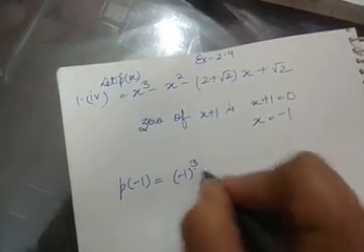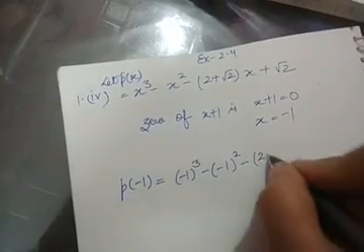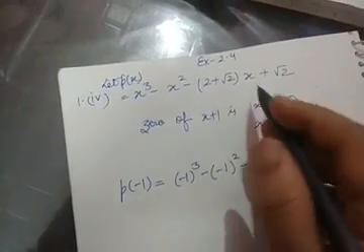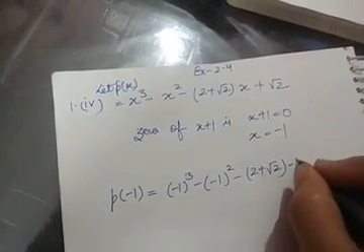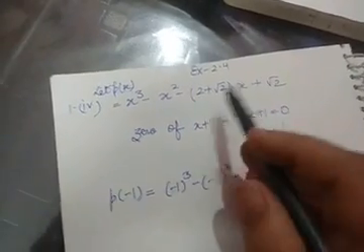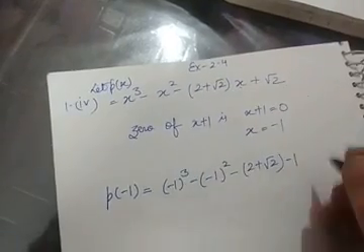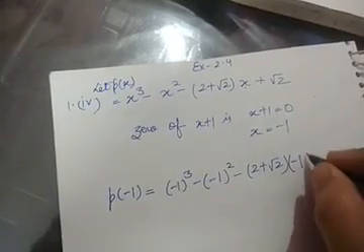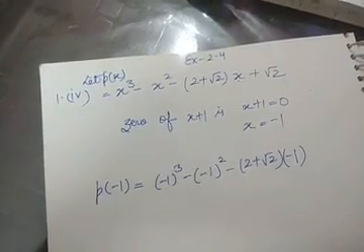It will be (minus 1) whole cube minus (minus 1) square minus (2 plus root 2) into (minus 1) plus root 2. Don't put minus 1 directly in that way. This term and this term are separate, but 2 plus root 2 and x are in multiplication. So, because it is multiplication, put that minus 1 in brackets.